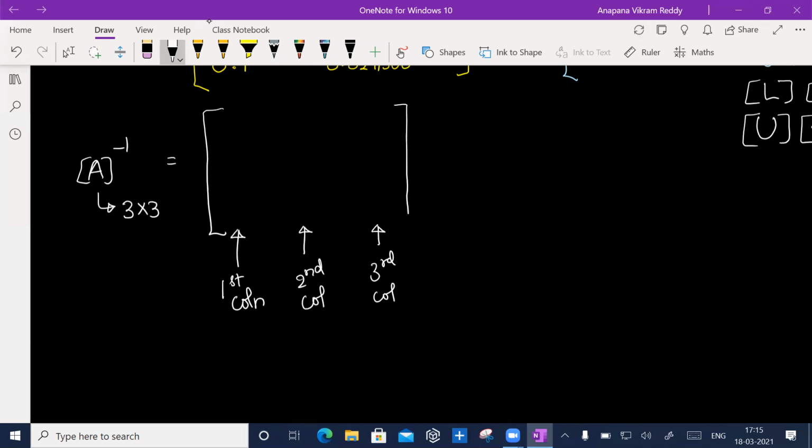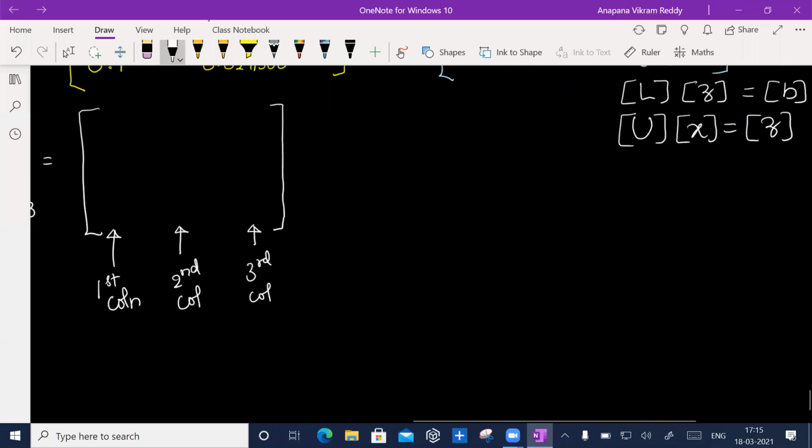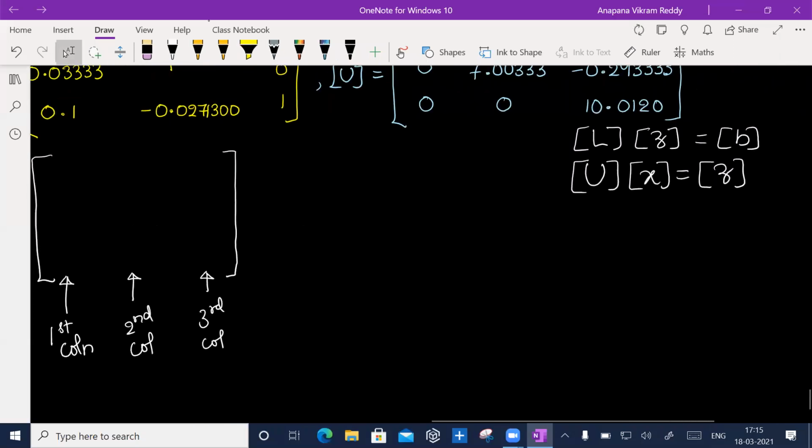In doing so, we make use of these two quantities, LZ equal to and UX equal to, and we don't take any of this B. We don't want information of B here because we are finding only the inverse of the coefficient matrix.